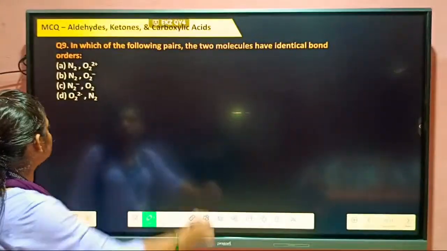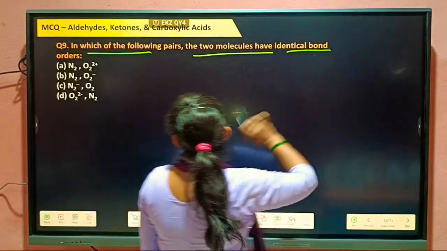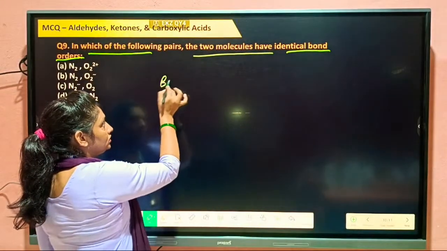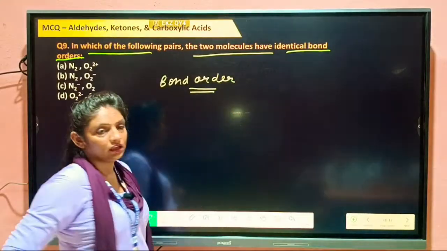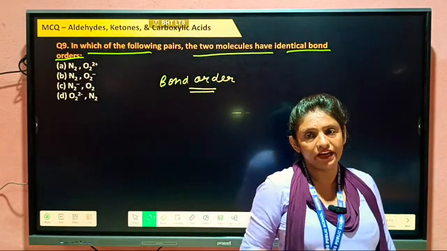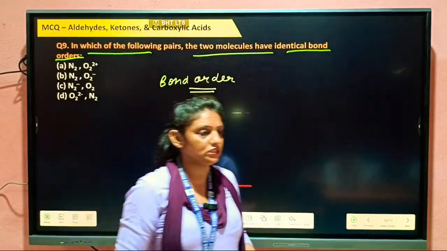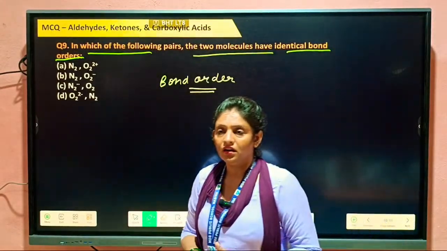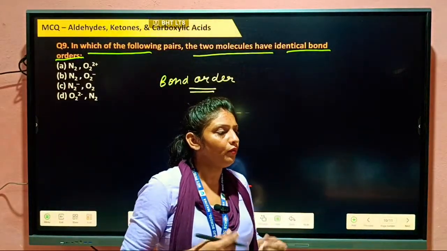Now our next question is, in which of the following pairs do the two molecules have identical bond orders? I have already told you about bond orders. Bond order will be the same if the number of electrons in the two species is equal. So by counting the number of electrons only, you can tell about the bond orders.